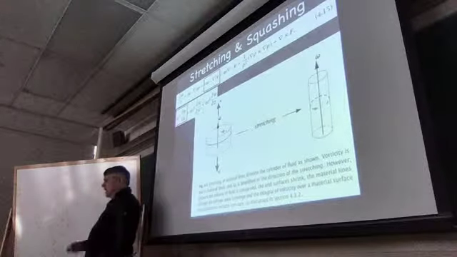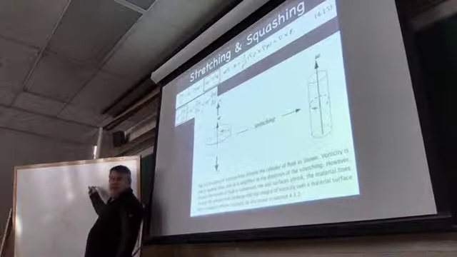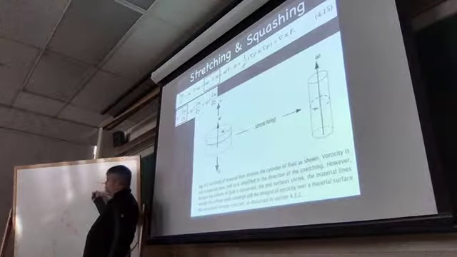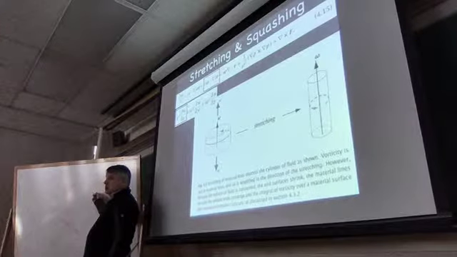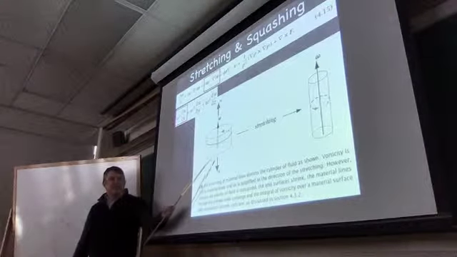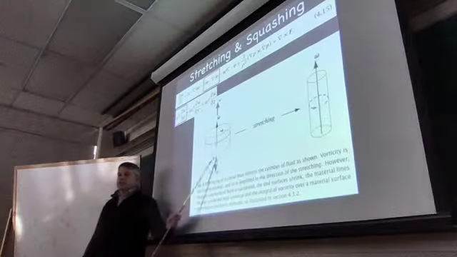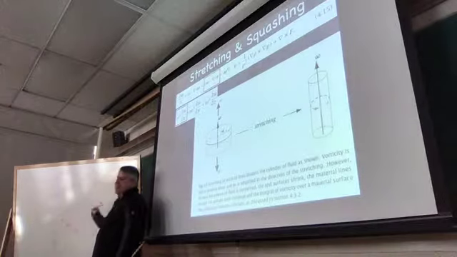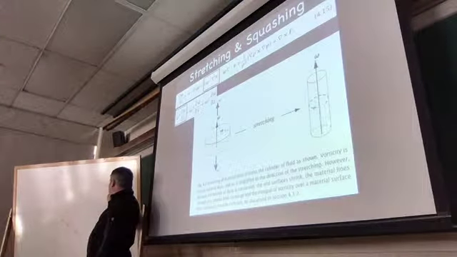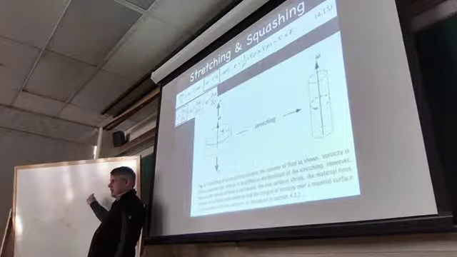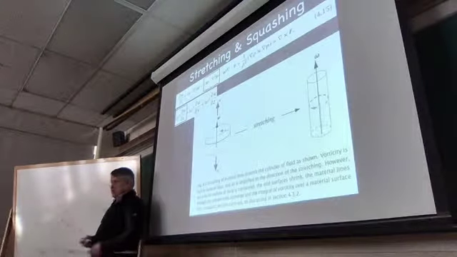Or if I squash it, I might get more anticyclonic, but I would also get shorter. This one goes down, this one goes down. So this thing, Q, doesn't change when we stretch and squash it, but it nicely tells us that if you were to stretch and squash, we could take the same value of Q and figure out how fast it would be spinning at different heights. Does that make sense to everybody?